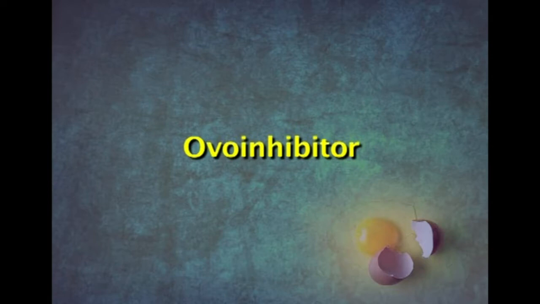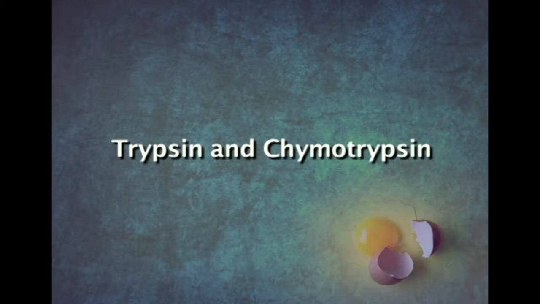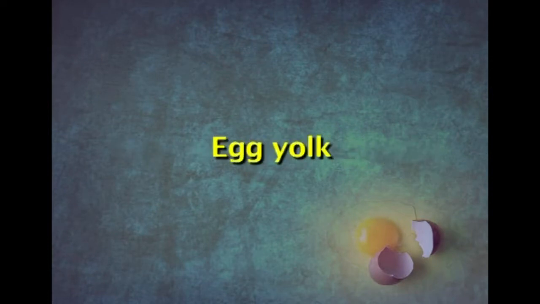Now, ovoinhibitor is an egg white protein which inhibits certain enzymes like trypsin and chymotrypsin. Now, egg yolk contains certain other protein components. The solid content of yolk is about 50%.